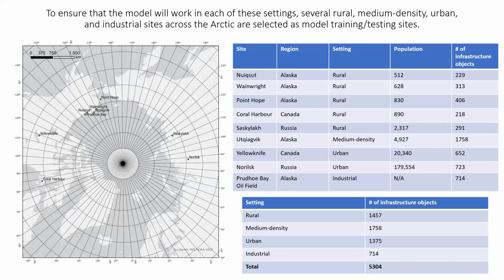So overall, I've gathered 5,304 training samples, and I've tried to gather an equal amount of samples across the different settings as much as I could, right? So you can see that breakdown here.